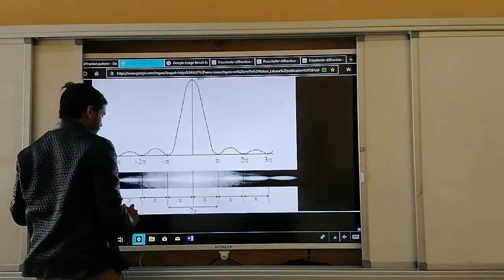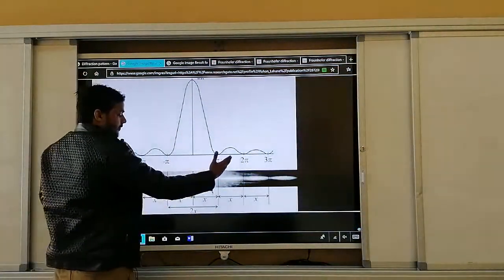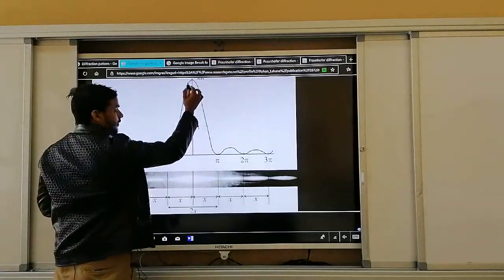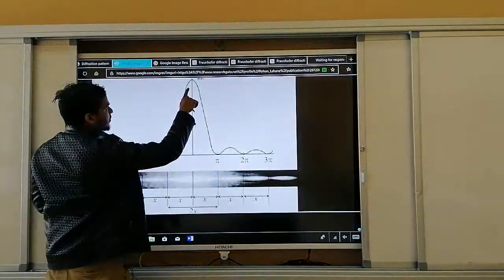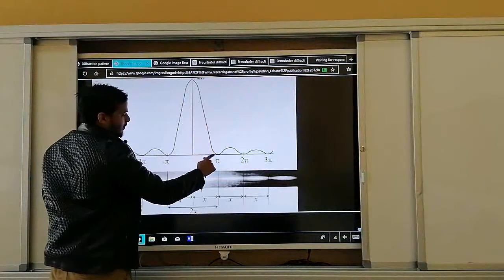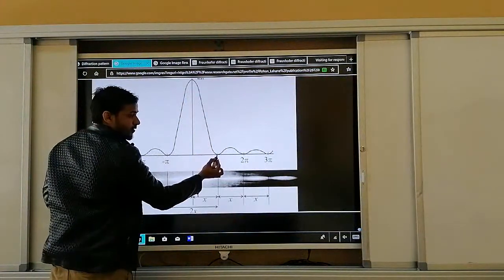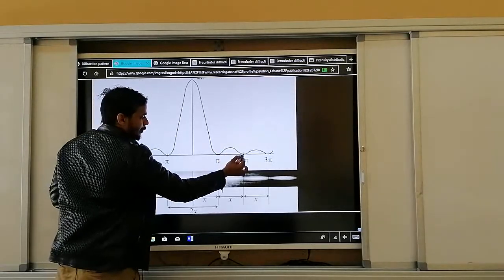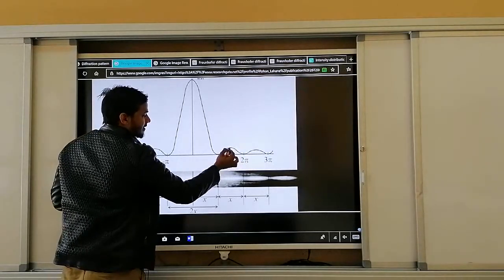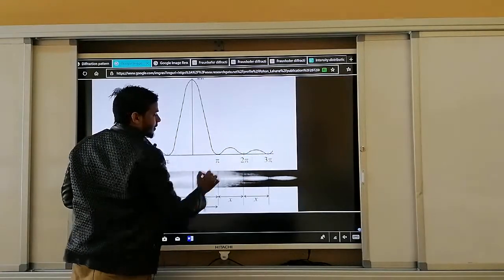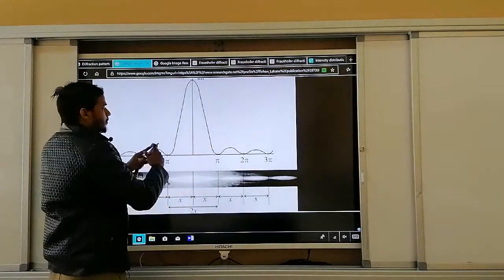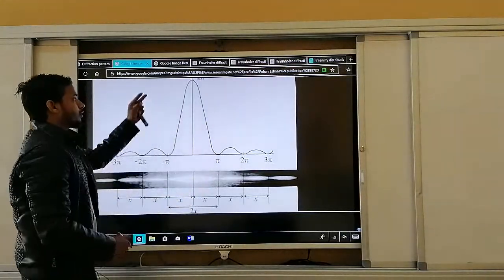The intensity is maximum here, and then it becomes minimum because here is the dark point, here is the bright point but with less intensity. Here is the dark point again, here is the bright point with even less intensity. Here is dark again, here is bright. So the brightness is decreasing, and the graph of intensity will look like this.